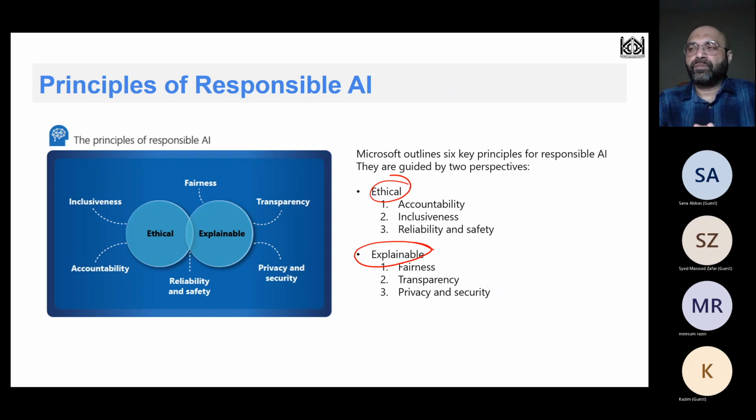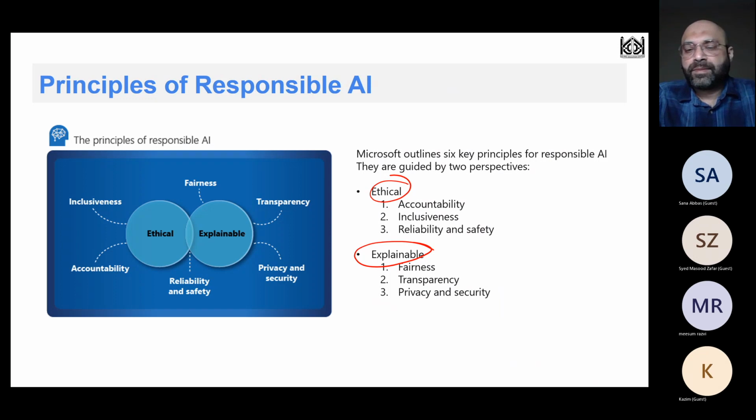Reliable and safety. It is reliable enough to provide a solid result that we are looking for. Safety, it is safe enough to ensure that it has all the safety, be it the technical safety, the IT or security aspect as well, or the safety of the people that it is going to provide the results on.